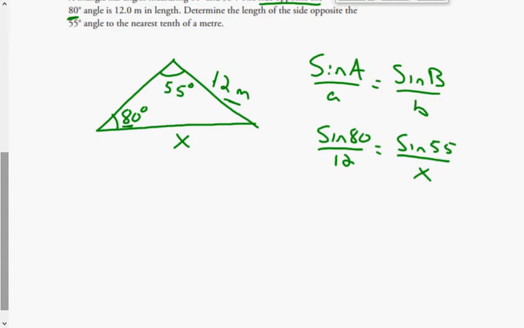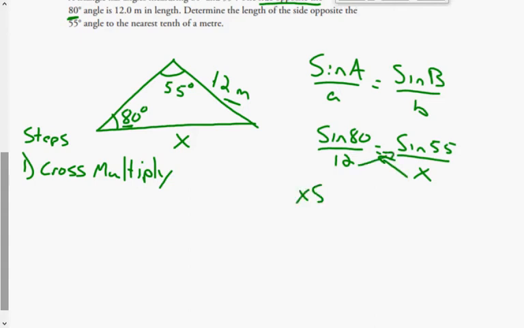Like so. So now what I'm going to do is I need to get x by itself because that's what I'm solving for. So the first step you always do, so step number 1, I'll write them over here. You're going to cross multiply. Okay? So if I cross multiply, it's going to look like this. So I'm going to get x times sine 80 equals 12 times sine 55.